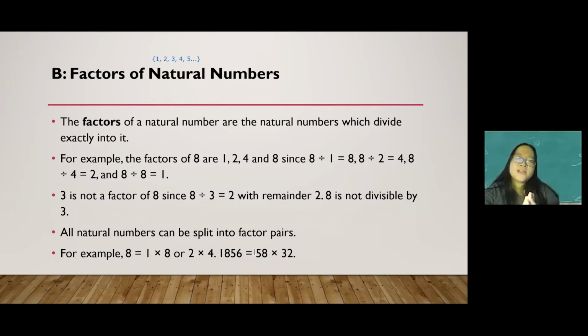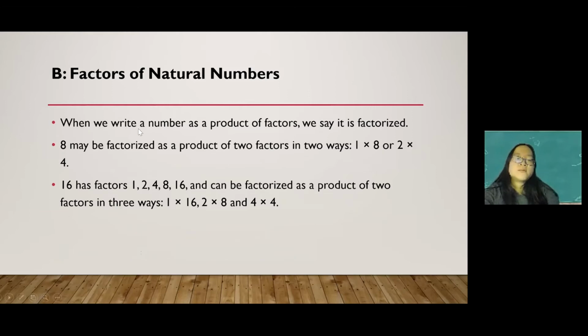And most numbers can be expressed as more than one factor pair, right? So we said 1,856 was 58 times 32, but it could be expressed as 116 times 16, or 232 times 8, etc. Okay. Then when we write a number as a product of factors, we say it is factorized.